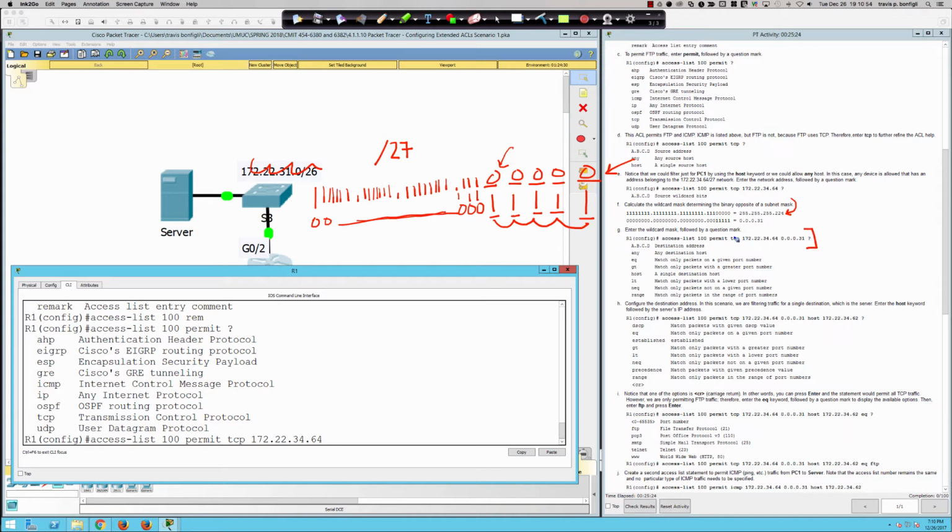Now, just as easy a way to do it is to say I've got a /27, and I know that these are going to be the bits that are set on the network side of the house. And I'm borrowing 3 bits out over here. So what would that be? 128, 192, 224.